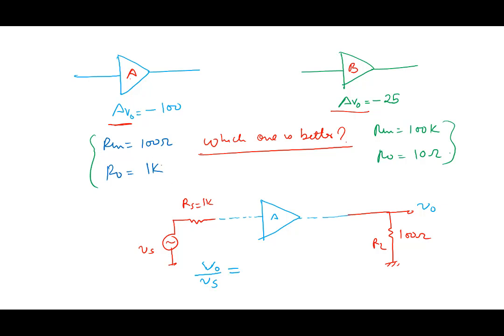RS is 1k, Rn is 100k, so if I calculate, it will give me 100 divided by 1100, multiplied by the gain of 100, multiplied by RL 100 by R0 plus RL, so 1100. So this is what it will give me.